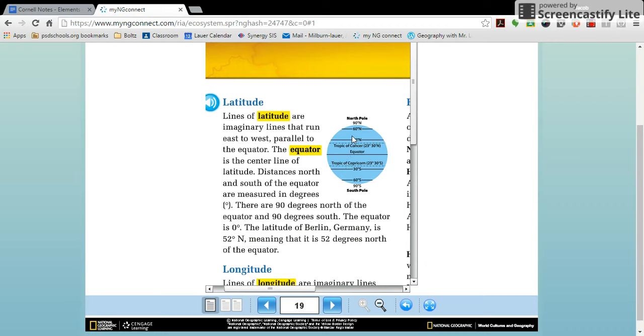So we don't see Germany on this map, but we now know that Berlin, Germany is going to be somewhere on this latitude line, about right there. Well, that's just approximate. We just know that it's on this line. What would be helpful is if we had a second piece of data to help us pinpoint it, and that's what a line of longitude is going to do. It's going to give us a second point up and down. So let's scroll down to read about that.